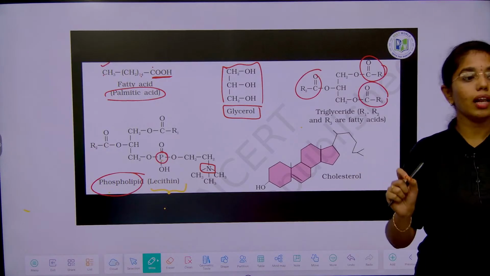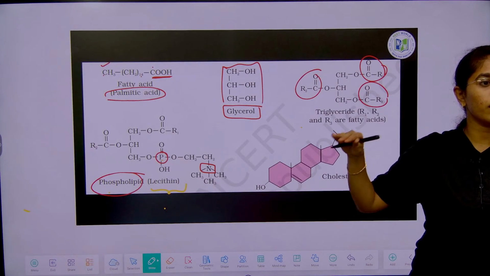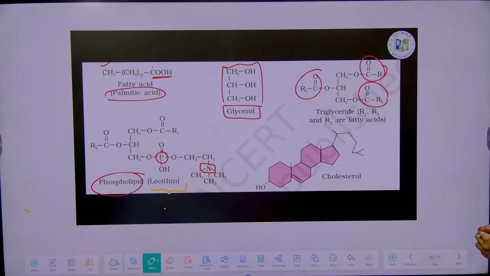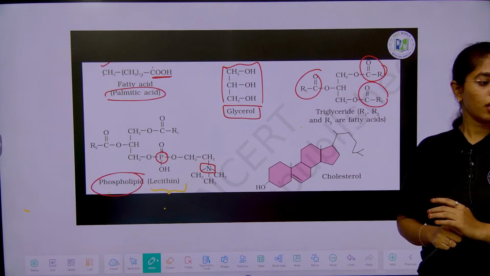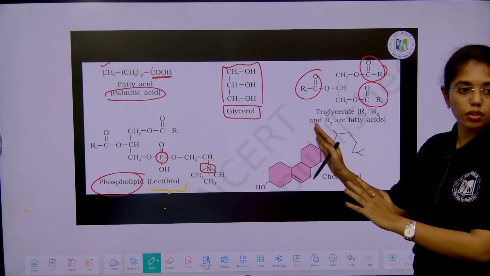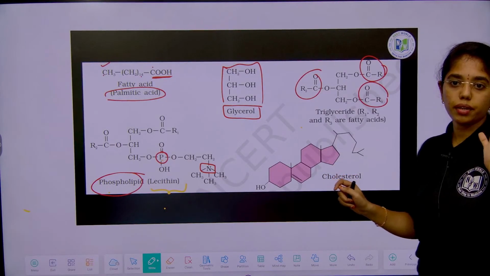And cholesterol is mainly responsible for maintaining the fluidity of the membrane, right? So this is what you have to be thorough with from NCERT. Clear on this? No need to draw the structures, no need to remember everything in particular, but you have to be in a position to identify.